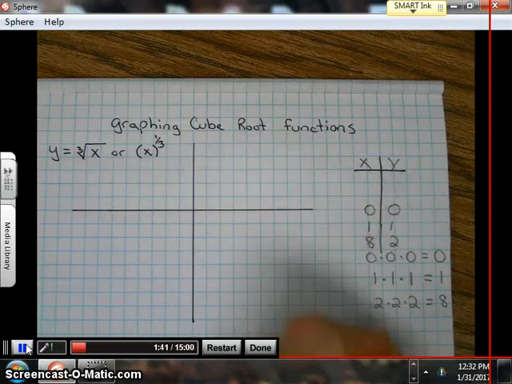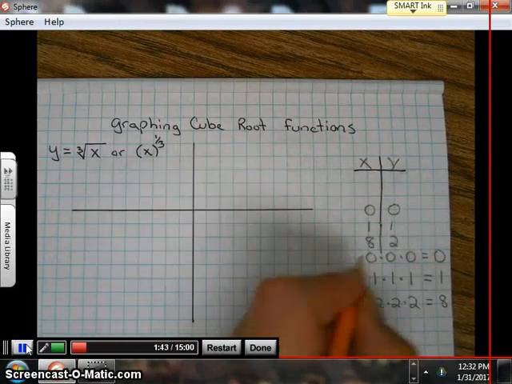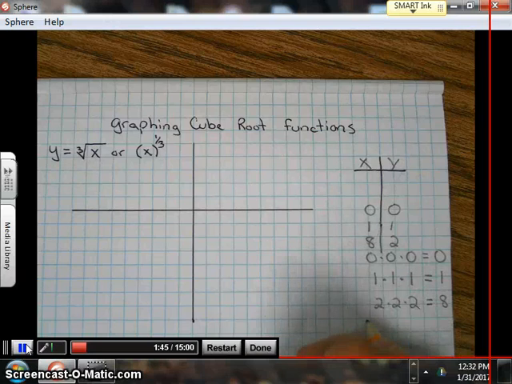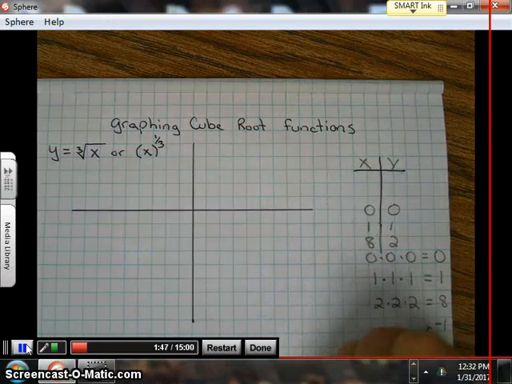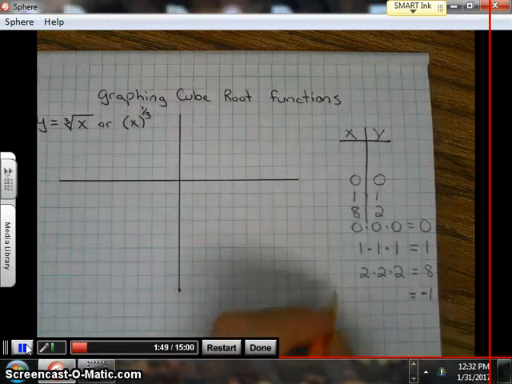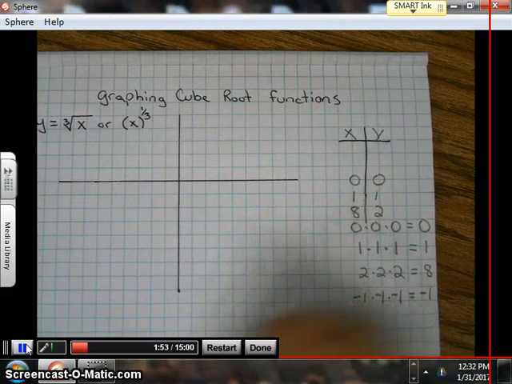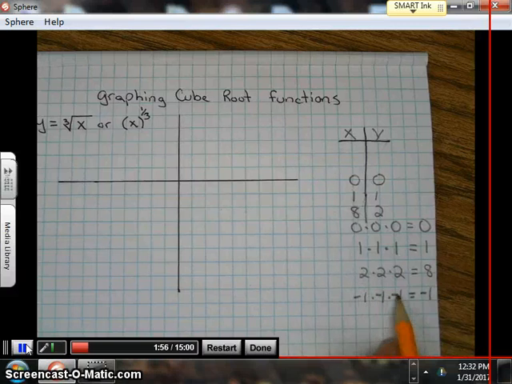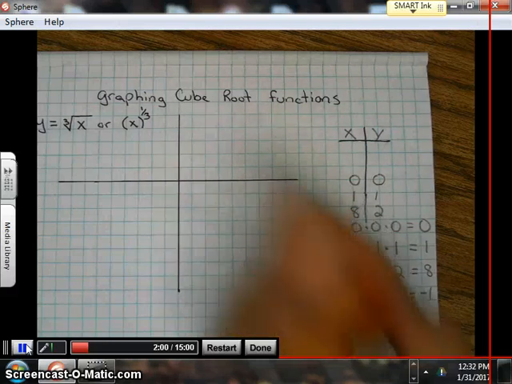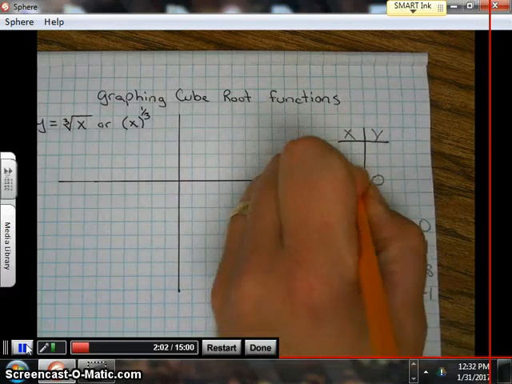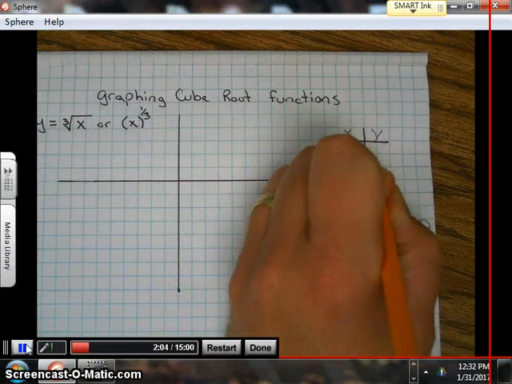And let's go the other direction now. -1 is a perfect cube, because -1 times -1 times -1, 3 negatives, 3 is odd, so you get a negative answer. So the cube root of -1 is -1.